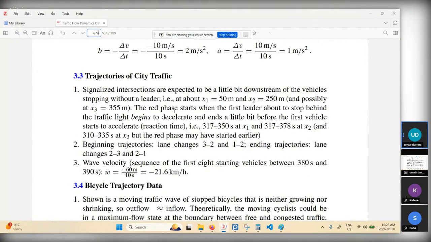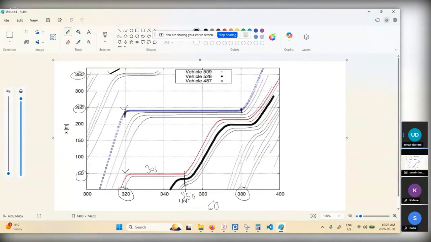And then the red phase starts when the first leader about to stop behind the traffic light begins to decelerate and ends a little bit before the first vehicle starts to accelerate. That is between 350 and 317 seconds at x1. So at x1, which is 50 meters, it says 350 and 317, so just before that.